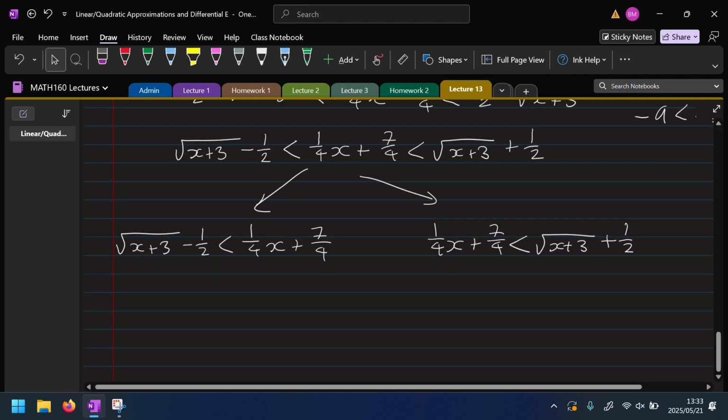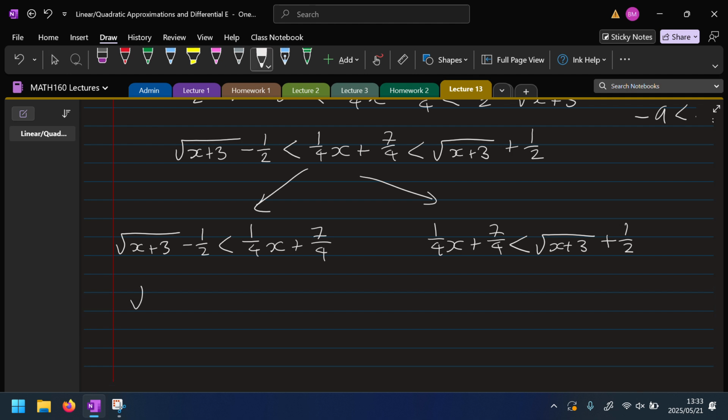Okay, now we've got minus a half on the one side. We can take that across. So we're going to have root x plus 3 is less than 1 quarter x, and then it's going to become plus a half, so that will be plus 9 over 4. And then on the other side, I can take the half over to the other side there.